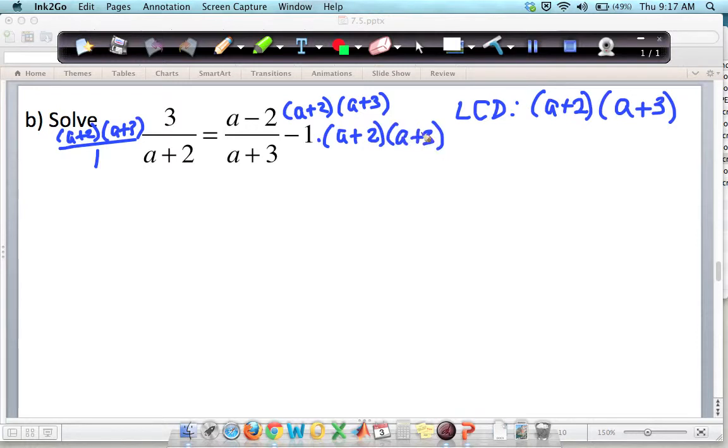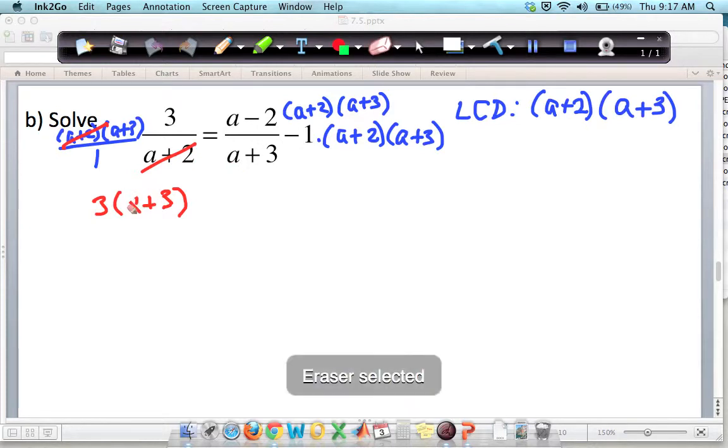Okay, so let's start with anything we can cancel. With the first terms, the a plus 2's can cancel. And I have 3 times a plus 3. Equals, with this term, the a plus 3's cancel, and I'm left with a minus 2, make sure you put that in parentheses, times a plus 2.